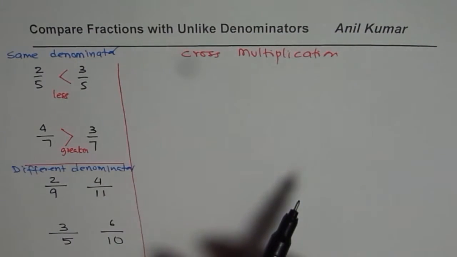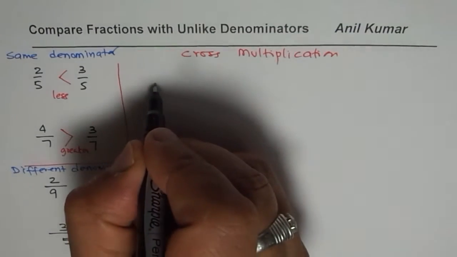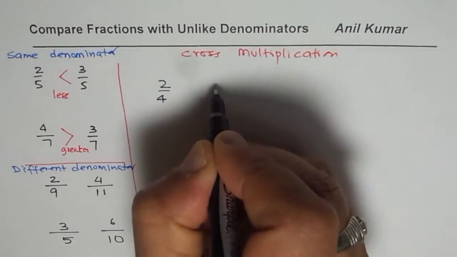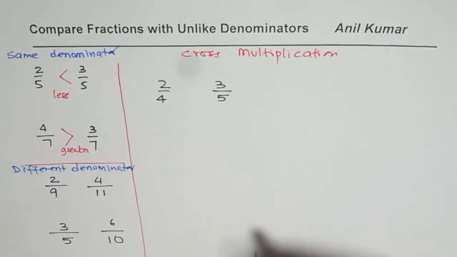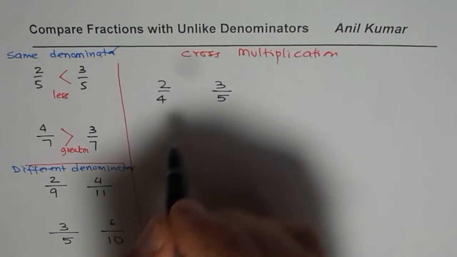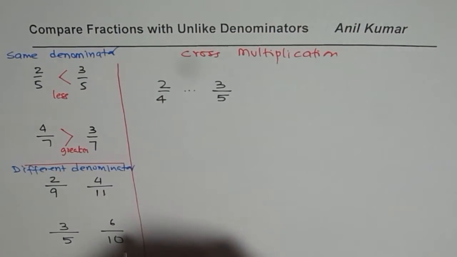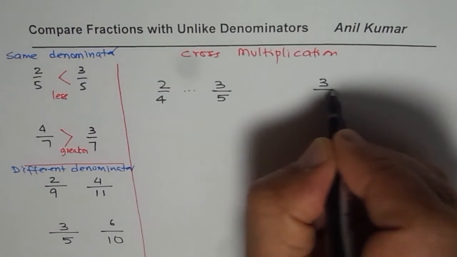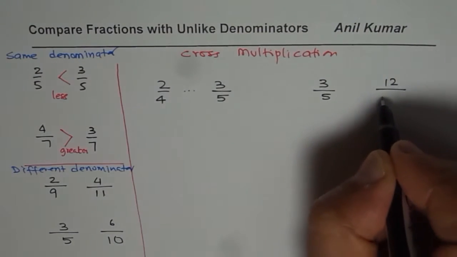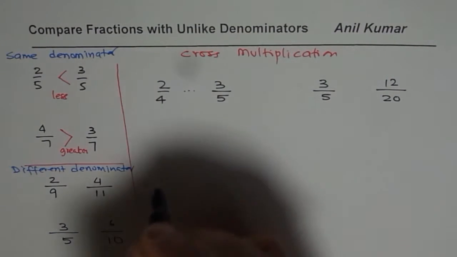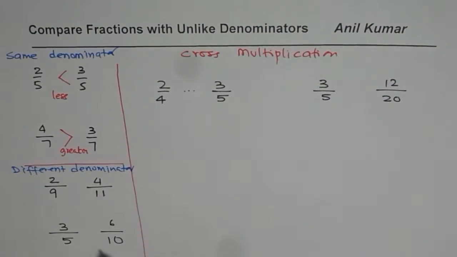Let me write down a few examples and then we'll compare. We have 2 over 4 and 3 over 5. Then 3 over 5 and 12 over 20. We'll have a few more examples, and these are questions for you to do, so I'll not answer these ones for you.